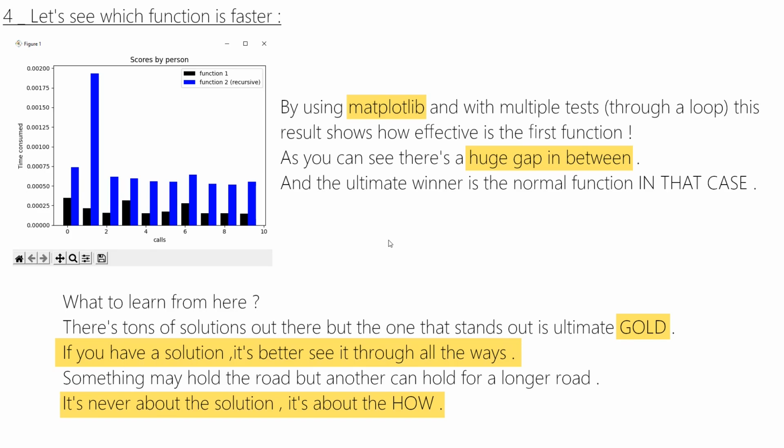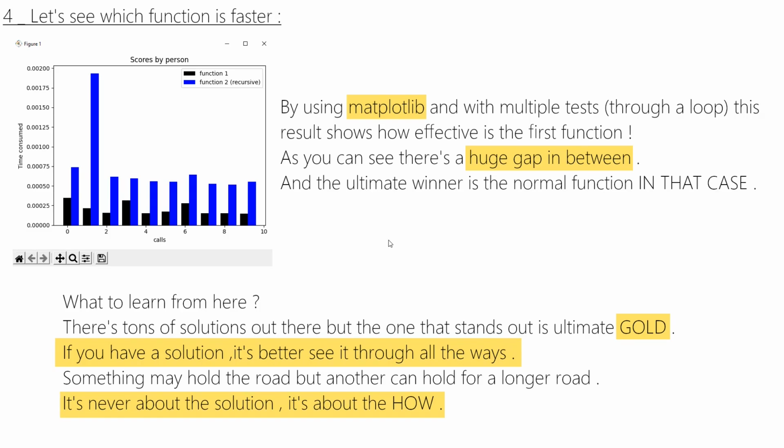If you have a solution, it's better to see it through all the ways. You won't be satisfied only by the solution, but by what it's going to do on the long road. Sometimes something may hold the road, but another can hold for a longer road. It's never about the solution, it's about the how.